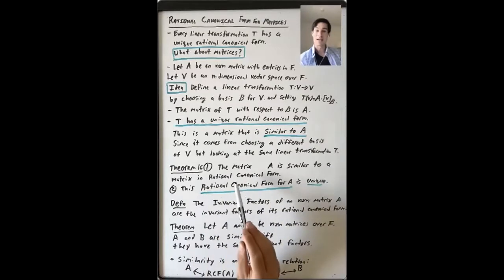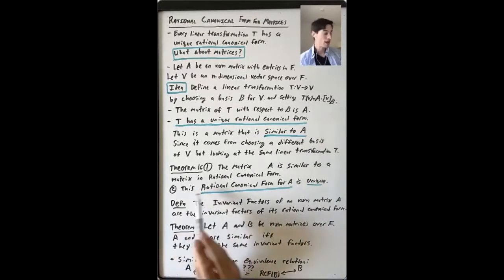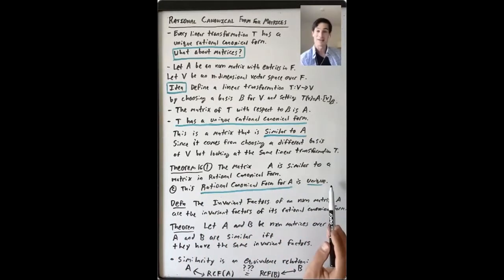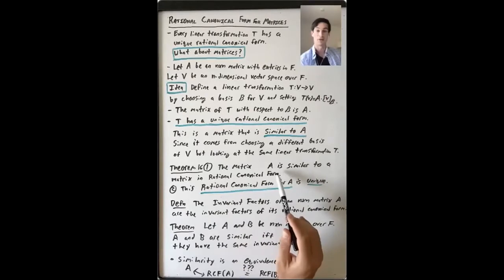We call that matrix the rational canonical form of A. And two, this rational canonical form for A is unique, because the matrices that are similar to A are the matrices that come from this linear transformation T with respect to different choices of bases. And because there's a unique rational canonical form for T, there's a unique matrix in rational canonical form that A is similar to.